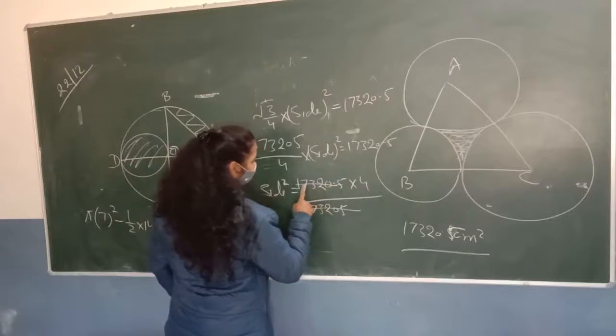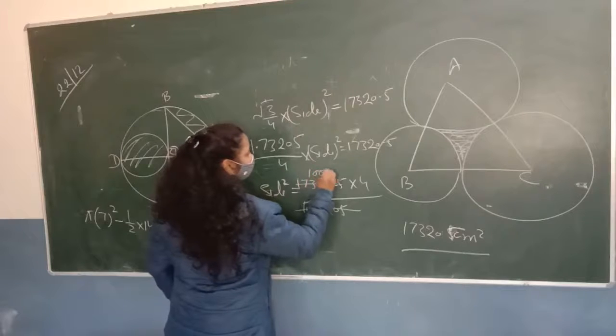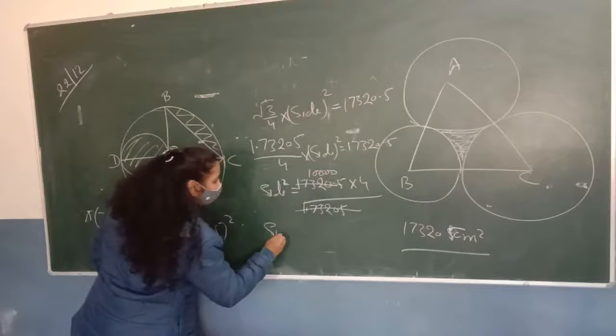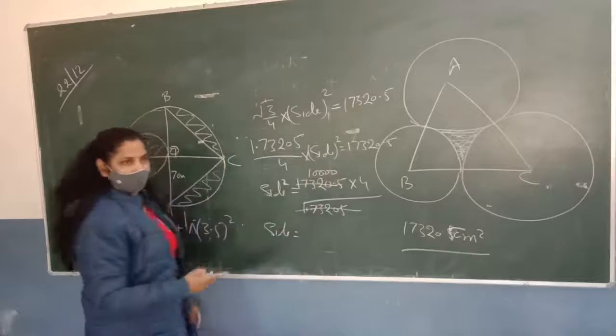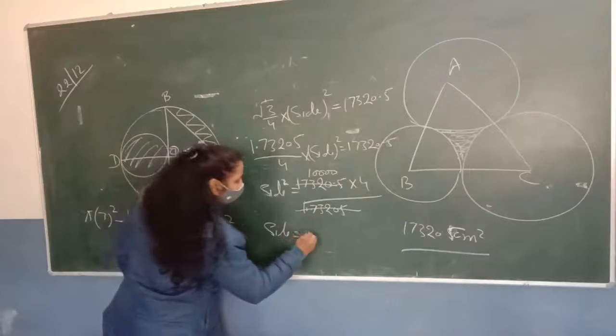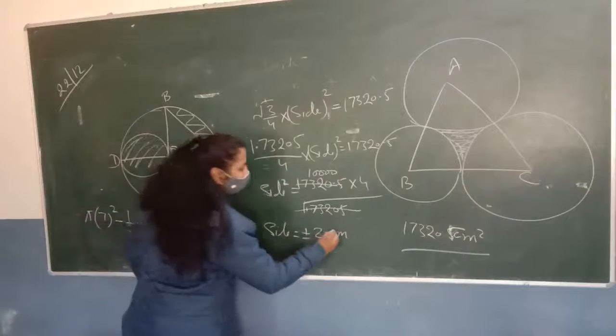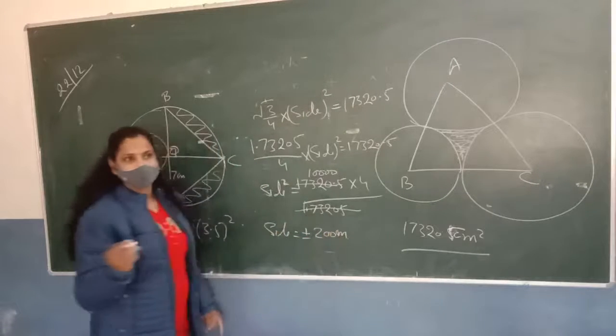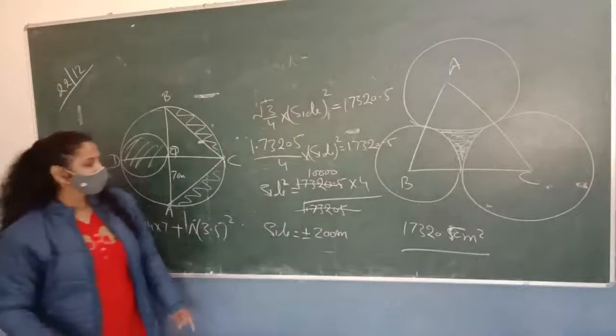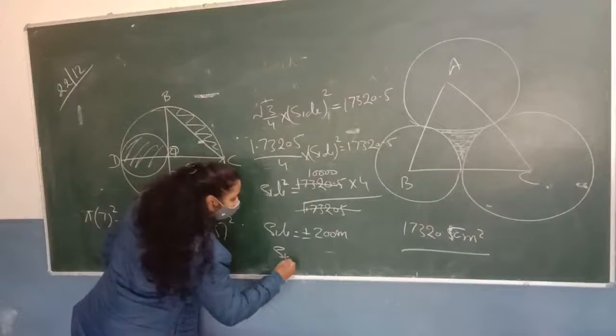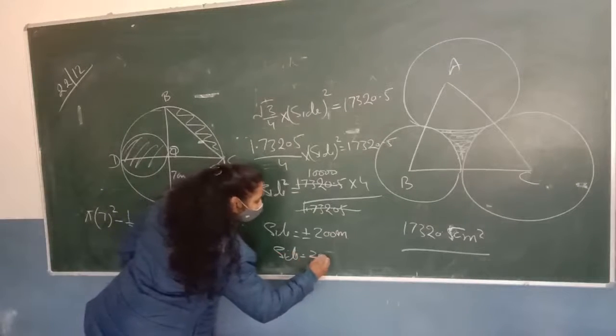Now the side will be the square root of 40,000. It will be 200 plus minus 200. Now you have to write it. Since the length of the side cannot be negative, so we can say the length of the side is 200 centimeter.